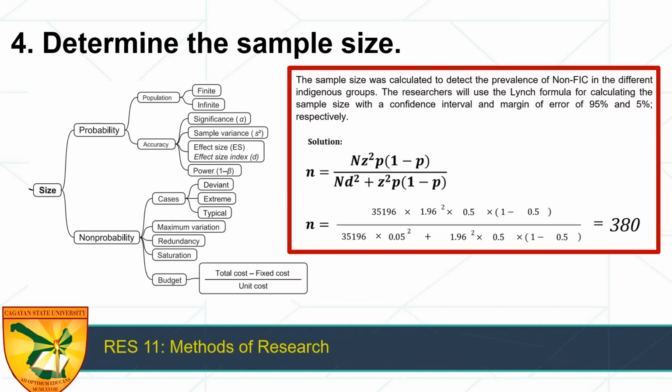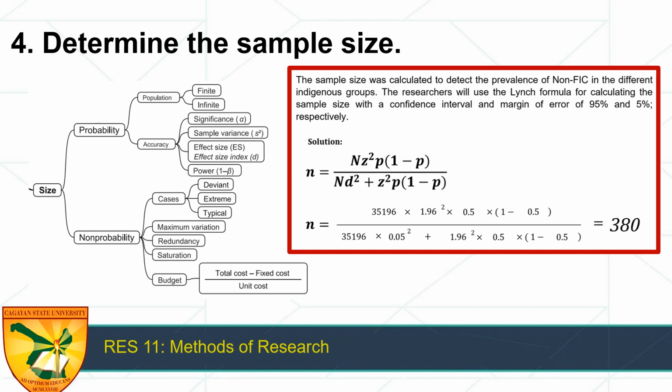Then next is to determine the sample size. This is the most critical stage of the sample design process because the sample size should not be excessively large nor too small. It is desired that the sample size should be optimum, representative of the population, and should give reliable results.